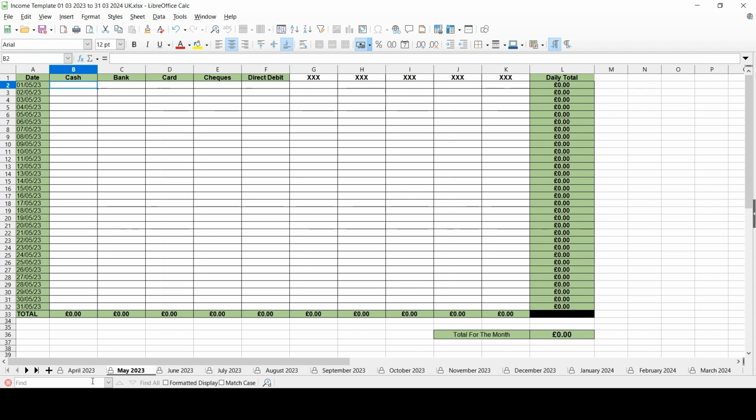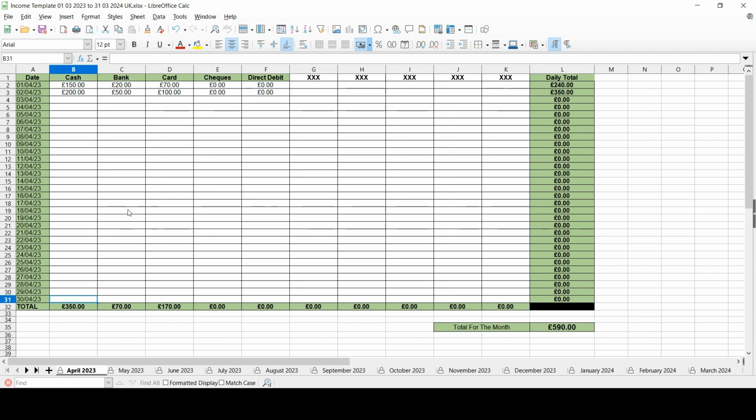Also, having your income recorded on a daily basis has another big advantage for your own business. When you record your daily income, you know which day you earned more and which day you earned less. So, again, month by month, you can know which month you had your highest earning, which month you had your lowest earning.